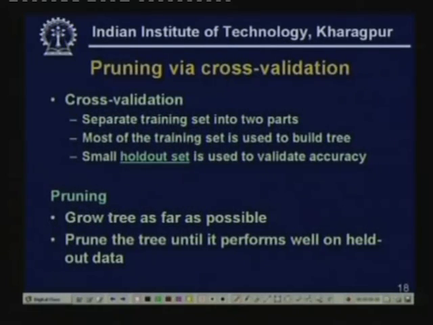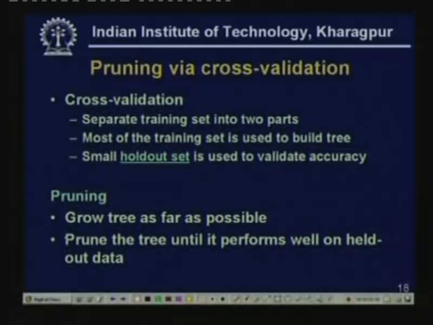We grow the tree on the training set and then prune it and check it on the validation set. This validation set is called the holdout set. Actually, this validation set is slightly different from the test set. The test set is used to test the final tree after pruning.